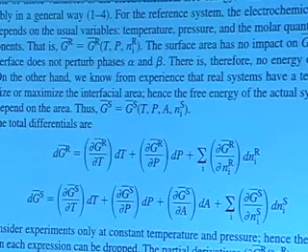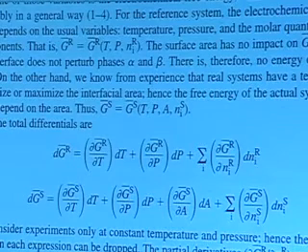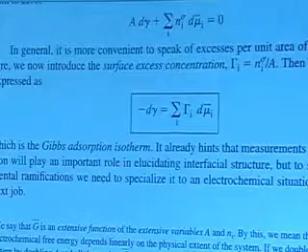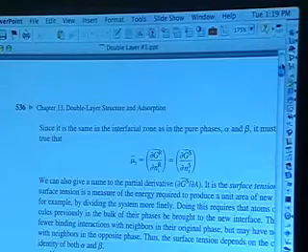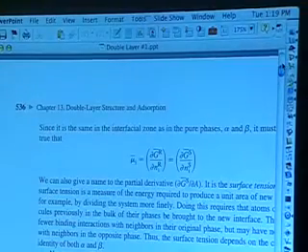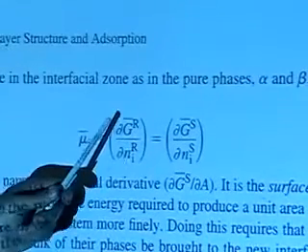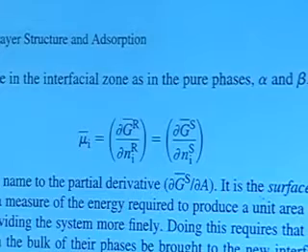Now, if our two phases in the real system are at equilibrium, then the electrochemical potential of any species is the same no matter where it is in the system. So what does that mean? That means that the electrochemical potential of the ith species in the reference system is the same as it is in the real system, everywhere.